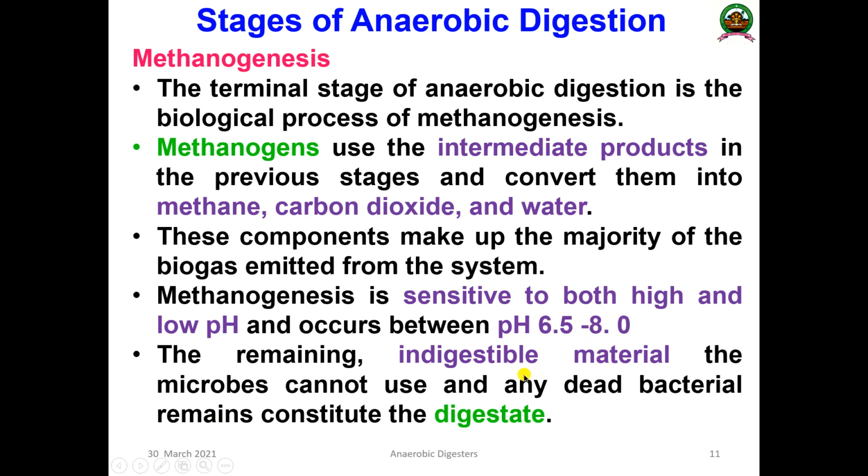The remaining indigestible material that the microbes cannot utilize, and any dead bacteria which remain in the system, constitute the digestate. Okay, the end products of this process are biomethane, carbon dioxide and water, plus this undigestible material, the dead debris and other undigested material, which is known as digestate.